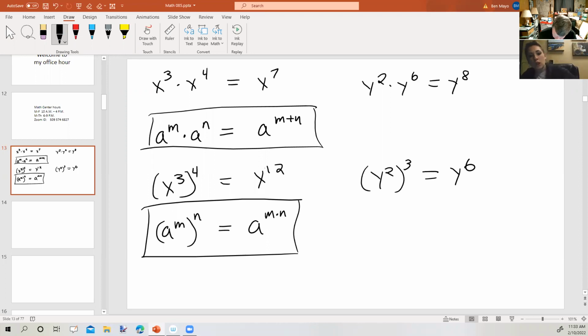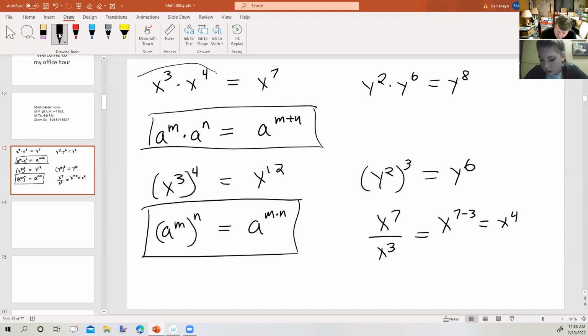Another rule. Let's say we're dividing two powers with the same base, like x to the seventh divided by x to the third. That would be x to the top exponent minus bottom exponent, which is x to the fourth power.